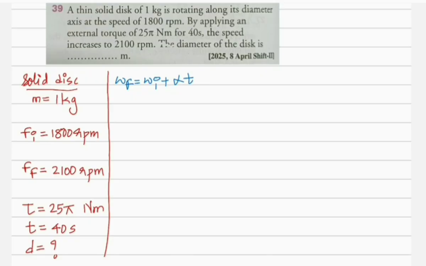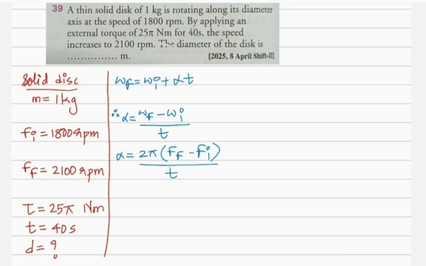First of all, I am using the first kinematical equation for rotational motion जो मैंने आपको बताया recently. Omega final is omega initial plus alpha times t. That means students, omega final minus omega initial divided by time is alpha. Obvious. So alpha will be, let me take 2 pi common, 2 pi into final frequency minus initial frequency, the whole over time.